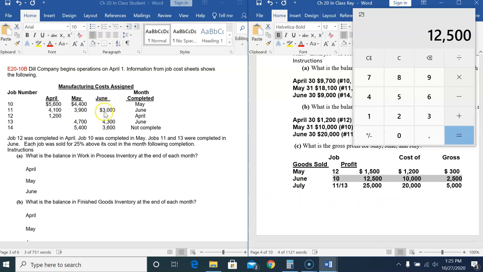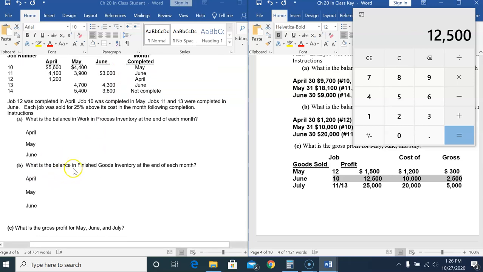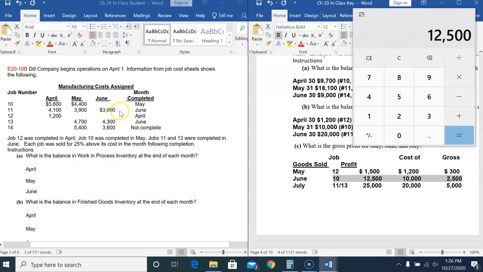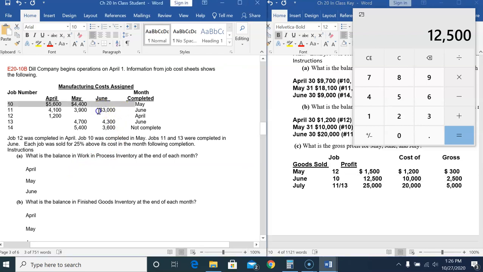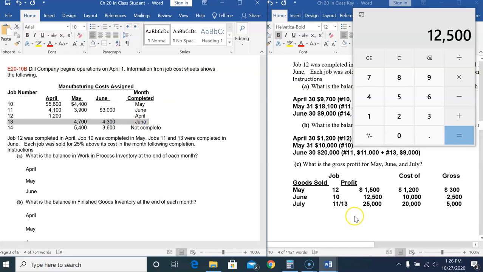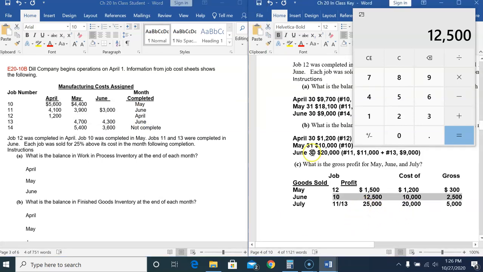And finally, in July, we would have sold the jobs completed during June. During June, we completed job 11, total cost of $11,000, and job 13 at a total cost of $9,000, total cost of $20,000.